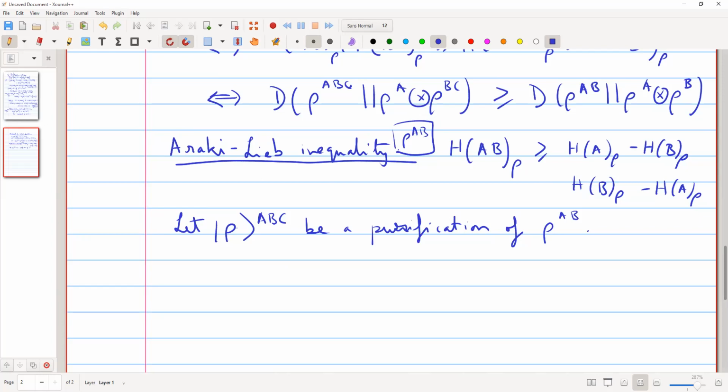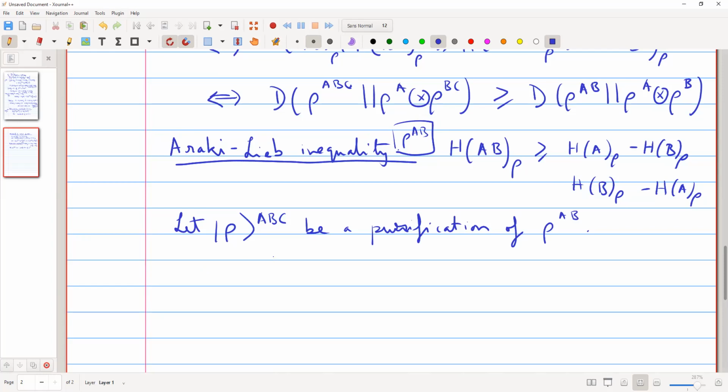So really the density matrix on ABC is the ket-bra of rho_ABC. Now rho_ABC is a pure state, and if I trace out C, I will get the original density matrix rho_AB. This is what is called a purification. A purification is obtained by attaching one more register, hunting for a pure state in the larger system, such that when I go back to the old system and take the marginals, I get back the old state.